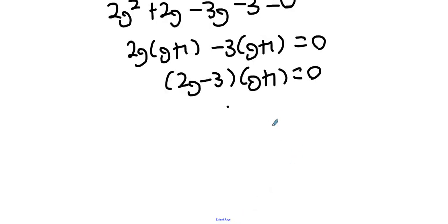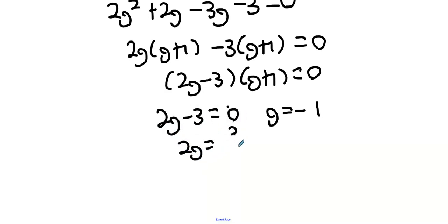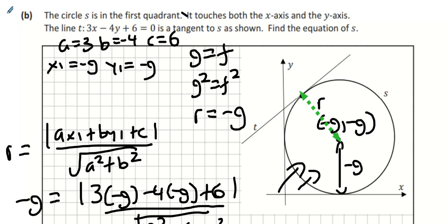You're going to get g equals minus 1. And you're going to get 2g minus 3 equals 0. 2g equals 3. g equals 3 over 2. Now this is the point I have to reread the question to figure out what exactly I've been asked.